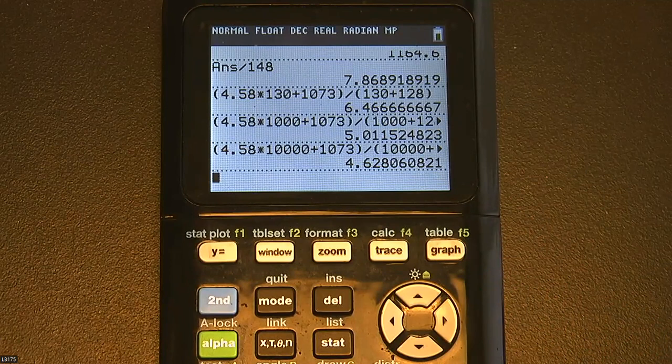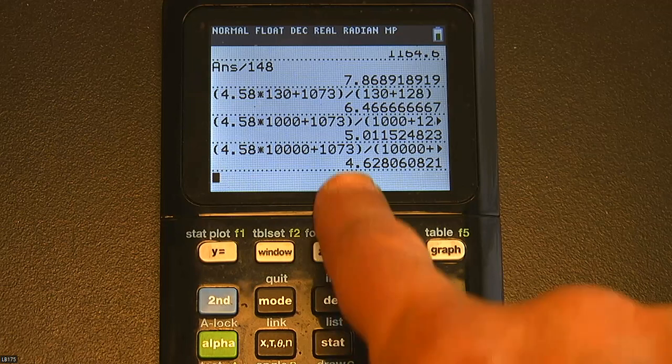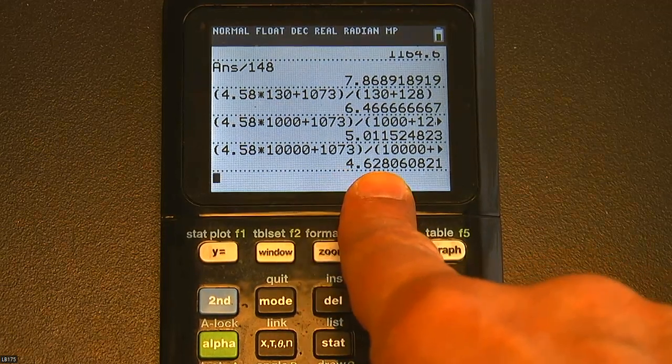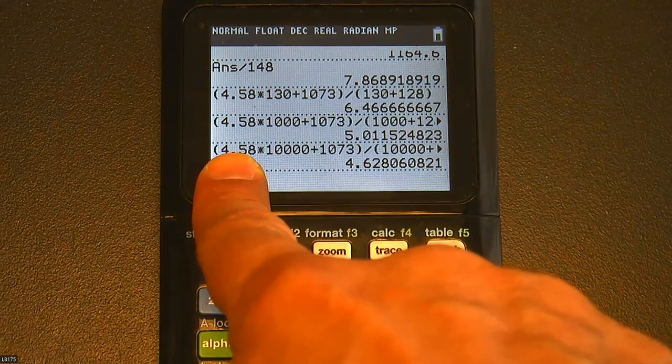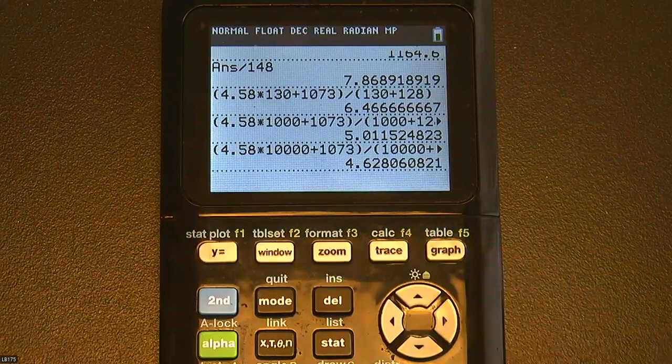The more and more shirts you order, the lower that price is going. But it's not going towards zero. In fact, if we went out to millions, you'd see that the price per shirt is really, really close to that 458 number. In fact, let me go out and do that once.